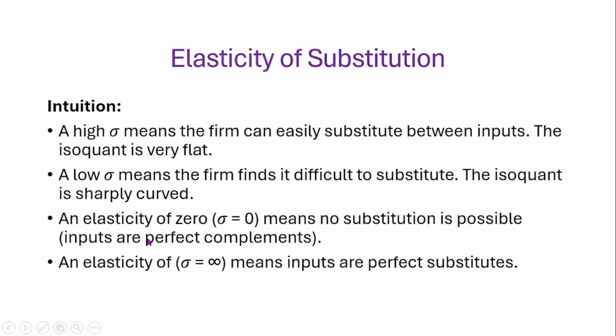And if the sigma is 0, what is the meaning? That means there is no substitution possible. This is a perfectly complementary situation. And when sigma is infinity, the labor and capital are perfectly substitutable. That means we can substitute all of the capital by labor and all of labor by capital.